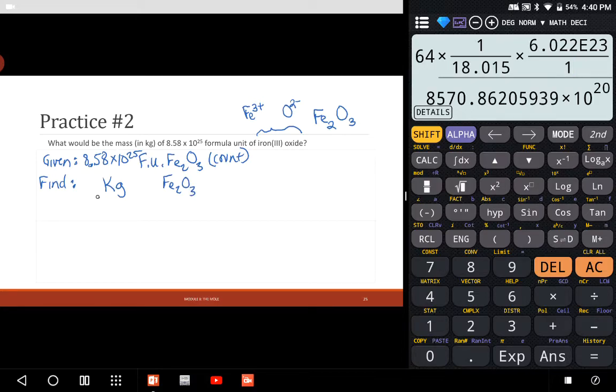So this is a mass. And so that means I'm going to have to go from counts to moles to mass. And so my map will lead me from counts to moles to mass using molar mass and Avogadro's number.